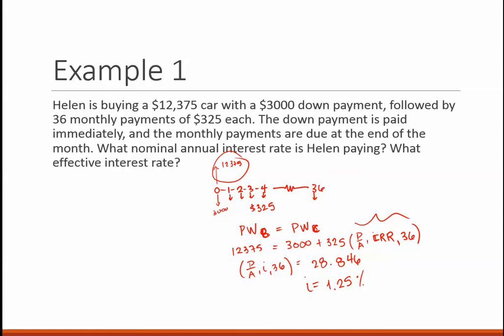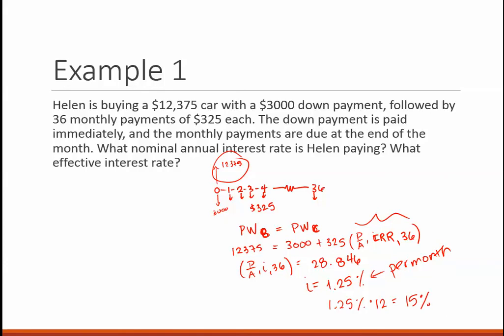If you don't have it, you might find that it is between 1% and 2%, and you would have to do interpolation, which I believe we're going to review in the next problem. So what is this? This is the nominal rate per period, so per month. To get the nominal annual interest rate, I'm going to multiply that times 12, and I'm going to get 15%.